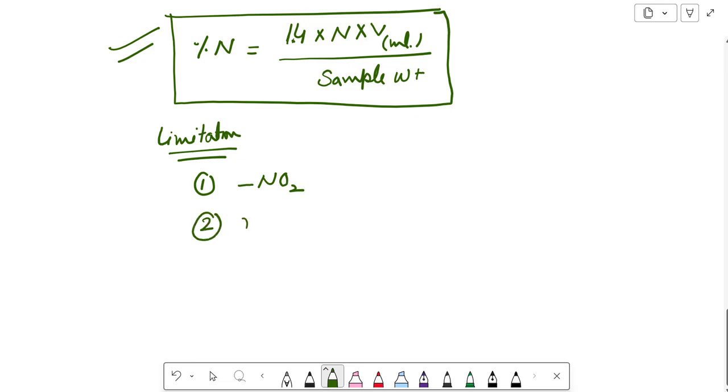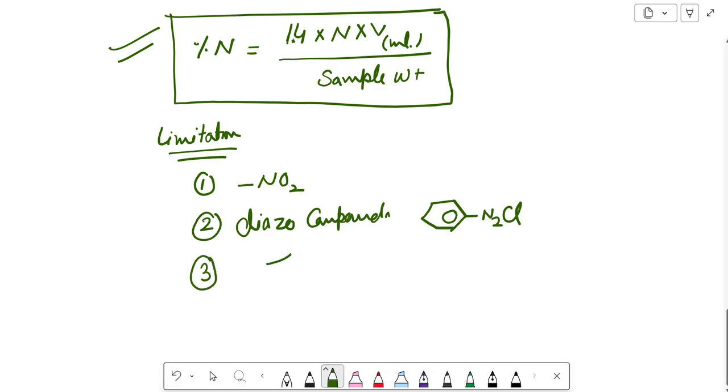Second, in diazo compounds like benzene diazonium chloride, nitrogen in these compounds, as well as when nitrogen is present in a ring like pyridine.